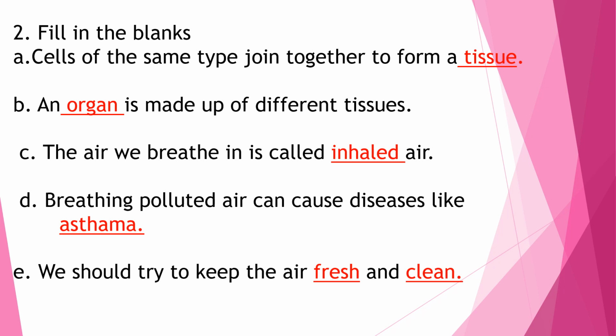Okay, so as per the name, when we are breathing in, that air is called inhaled. We can learn it by the name also. When we breathe in, the air is called inhaled. Okay, and inhaled air contains lots of oxygen.